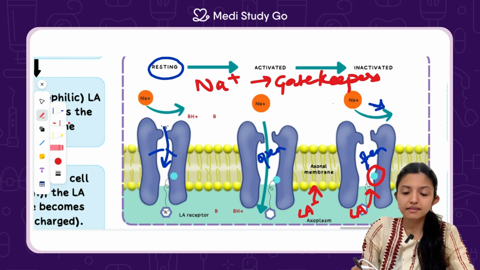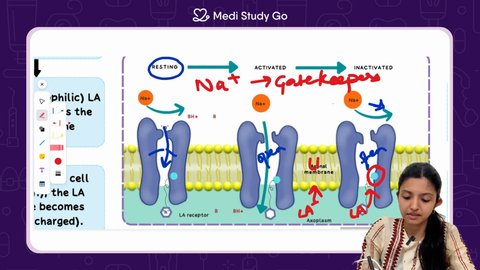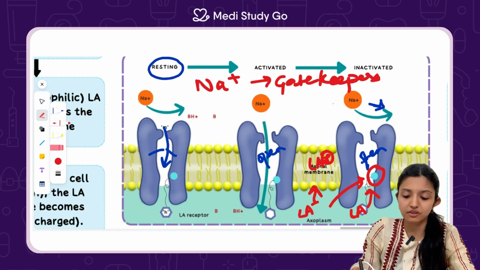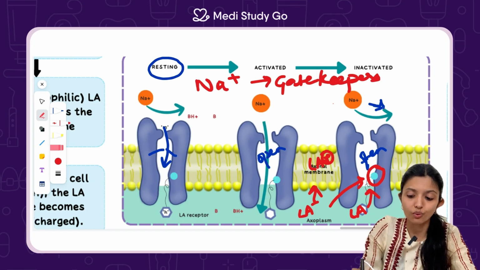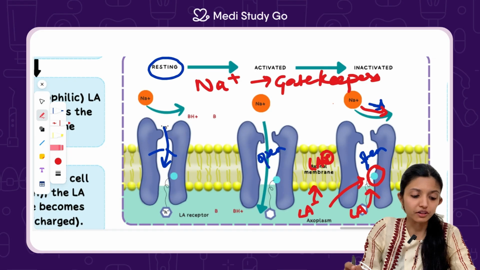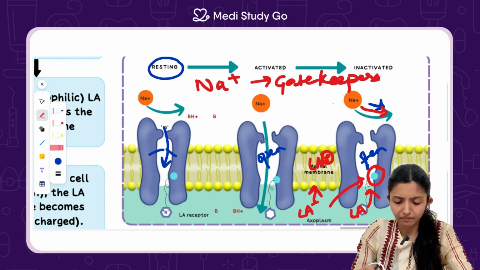When it enters the nerve membrane, it becomes charged, or ionized. When it binds to these specific receptors, the gates are inactivated, and hence the sodium which is supposed to pass through the gate does not travel. So the action potential does not reach its threshold level.